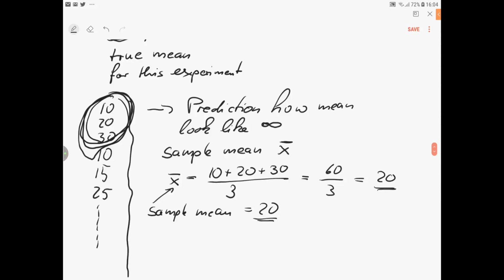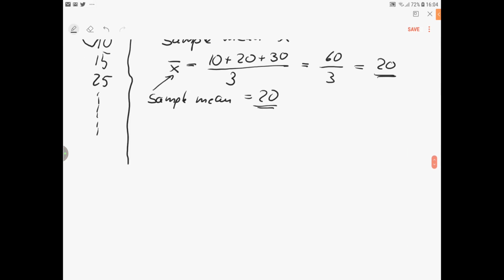And we make the prediction that even if we did the experiment 1,000,000 times, the mean would be around 20, somewhere in the region of 20. It probably won't be 1,000, it probably won't be minus 500, it will be probably somewhere in the region of 20.